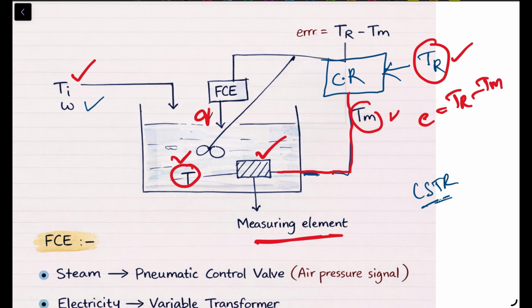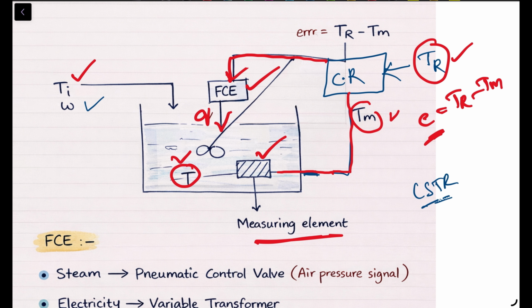Depending on the magnitude of the error, the controller sends a signal to the final control element. The final control element adjusts the heat input to the reactor.